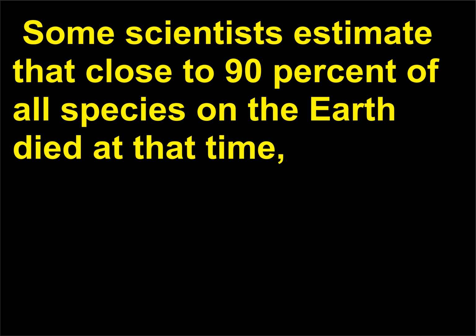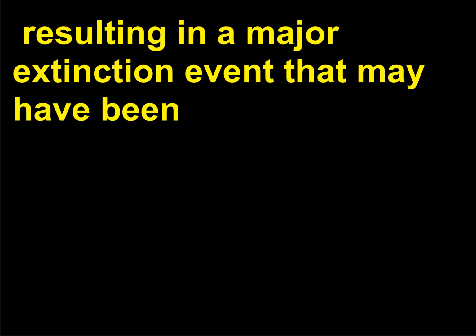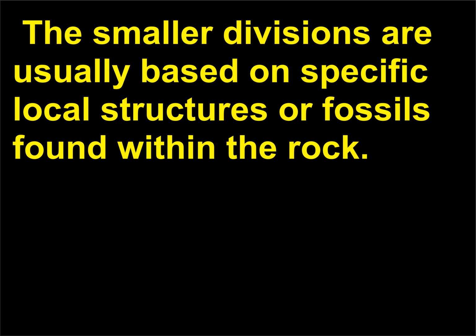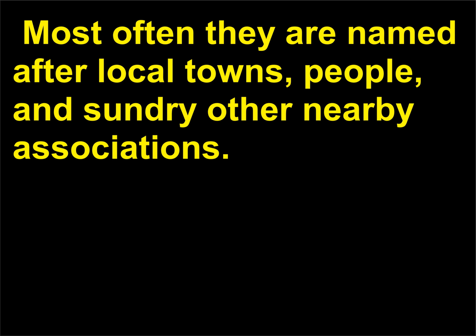Some scientists estimate that close to 90% of all species on the Earth died at that time, resulting in a major extinction event that may have been caused by huge volcanic eruptions or even a space object striking the Earth. The smaller divisions are usually based on specific local structures or fossils found within the rock. Most often they are named after local towns, people, and sundry other nearby associations.